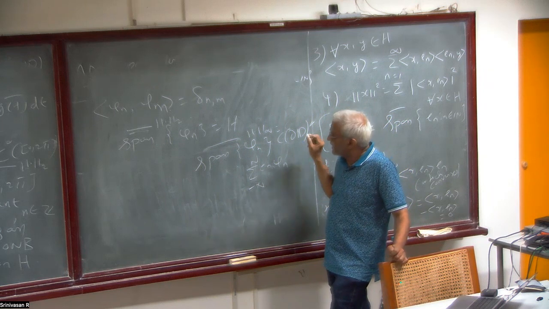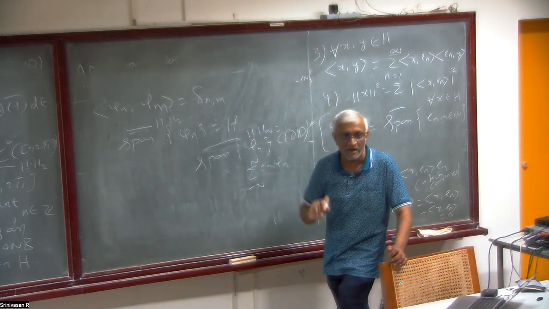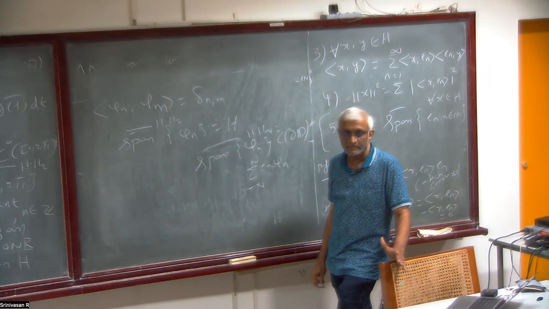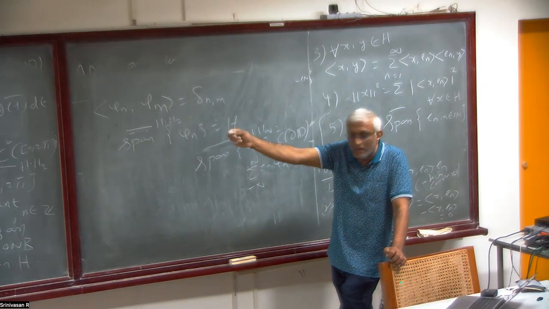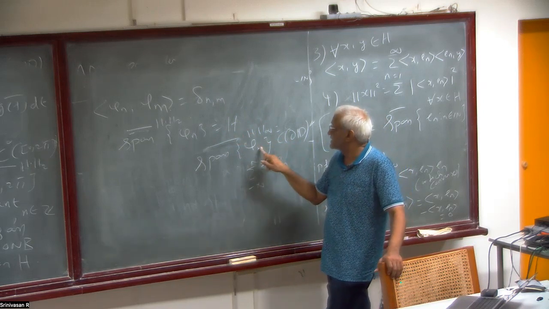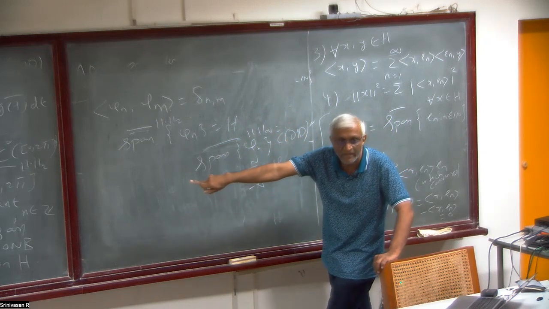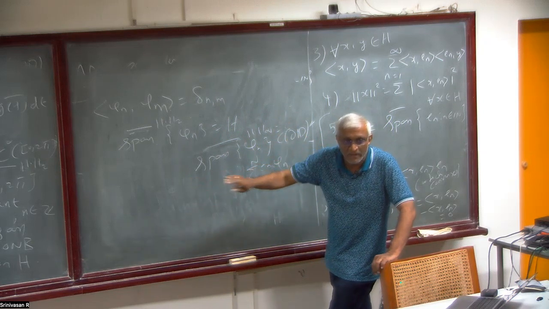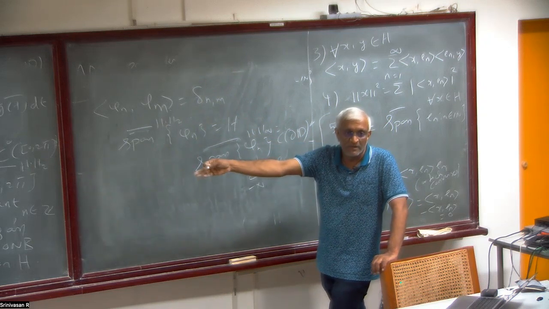Now uniform convergence will imply convergence in the L2 norm. You can take the limit inside to show that. So that will imply that the linear span of this is dense in C of the circle. But that is dense, by definition, in L2.